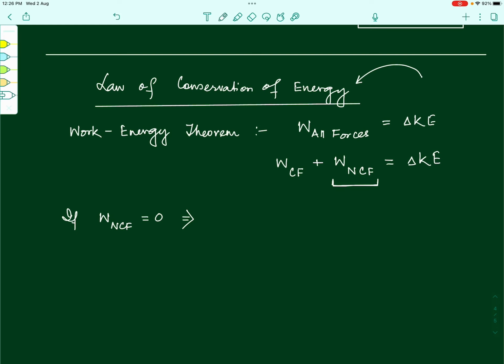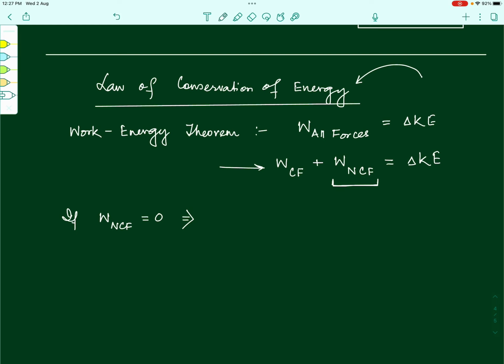For example, the chapter on rotational mechanics, where we talk about bodies rolling over a ground, we shall see that in case of rolling motion, there is a force of friction that acts on the bodies at the bottommost point, the point where the body is in contact with the ground, but that friction will not do any work there. And hence, even though friction is acting on the body, since the work done by it is 0, we will say that this expression for work done by non-conservative force will still be 0, and we can still conserve the energy of the system.